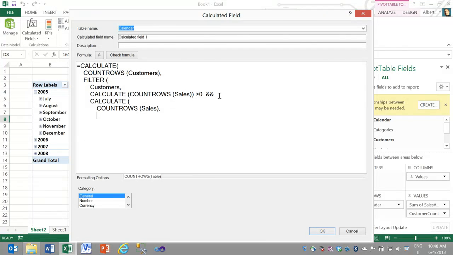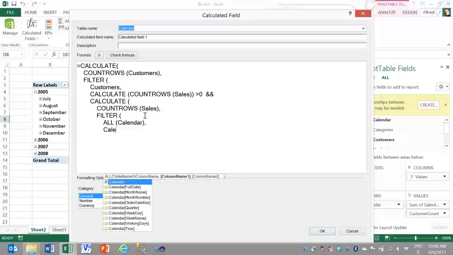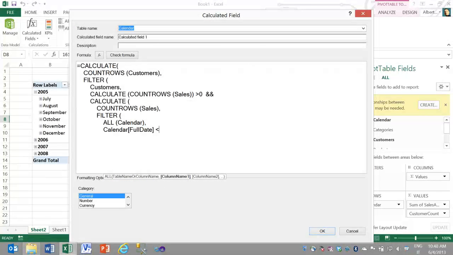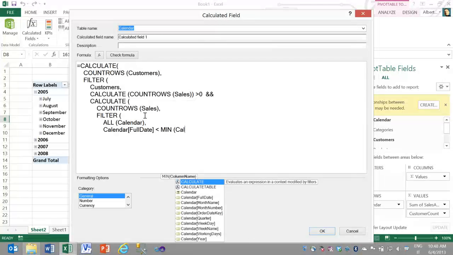To say before, we change the filter inside on the date table, and we say, okay, instead of looking at the current period, filter all the calendar, showing only the rows where calendar full date is less than min of calendar full date.